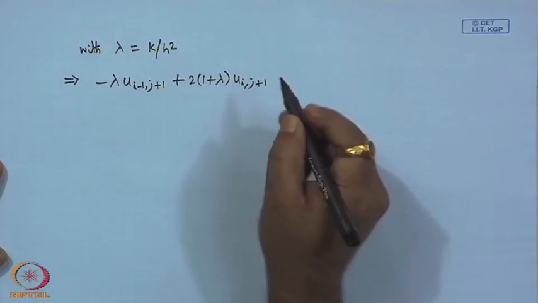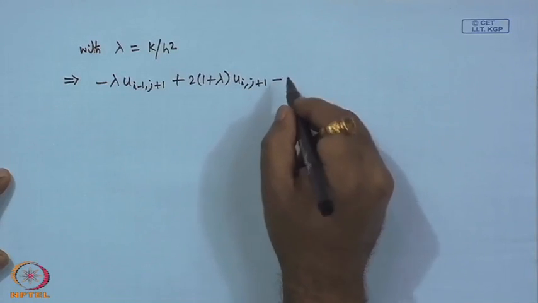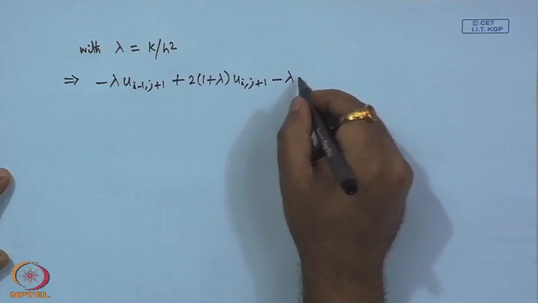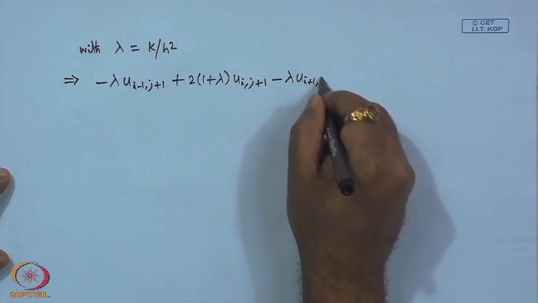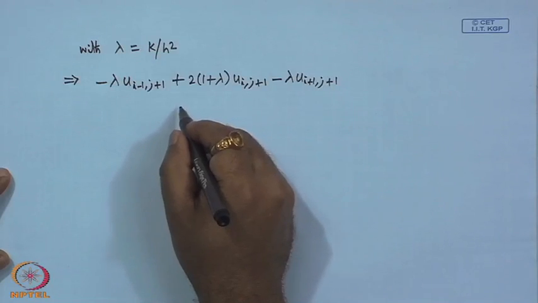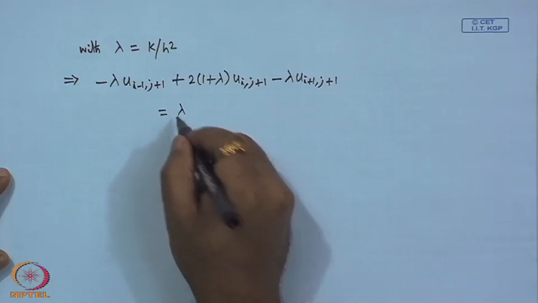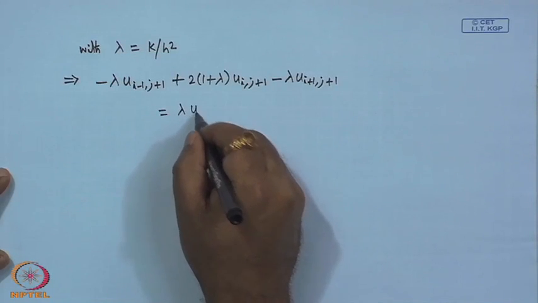So, you can figure out all the terms at level j plus 1 we are writing to the left hand side, then all the terms at level j to the right hand side.